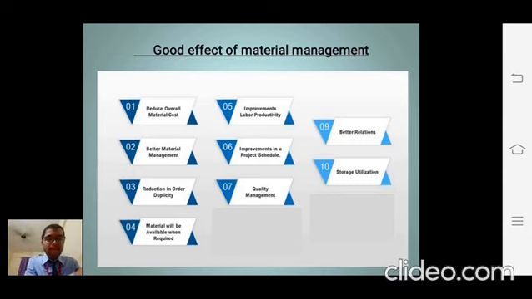Material will be available where required. So during the planning of production of any material, we should also plan for the material management.